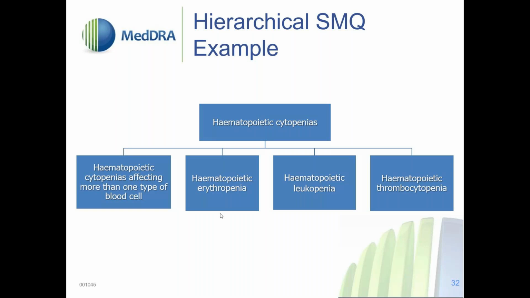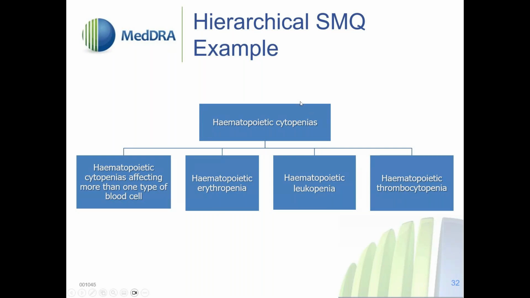And if you're interested in all cytopenias, you would just combine the 4 sub-SMQs and have all the terms which are thought to be queried if you look at the hematopoietic cytopenias, the superordinate level. We already said level 1 SMQ, so this upper hierarchy level is the level 1.